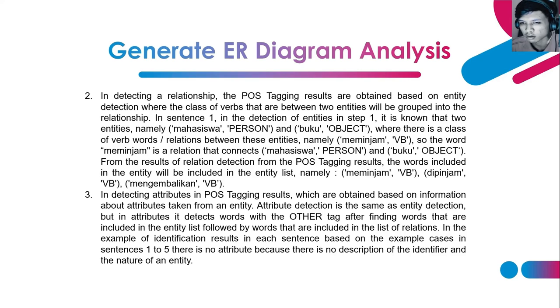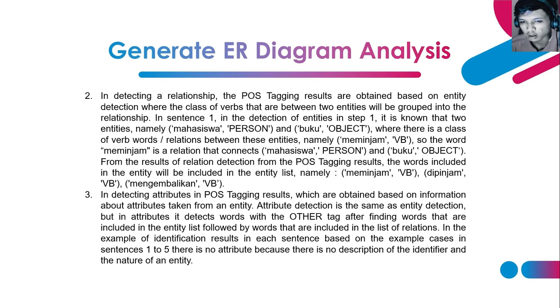So the word meminjam is a relationship that connects mahasiswa with tag person and book with tag object. From the result of relationship detection, the words included in the relationship list are meminjam with tag VB, dipinjam with tag VB, and mengembalikan with tag VB.